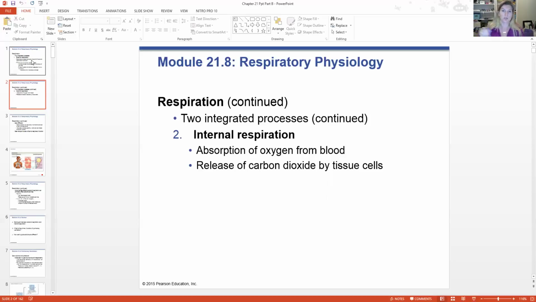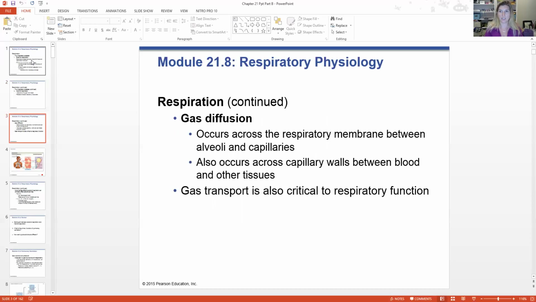Internal respiration is where that oxygen is then absorbed from that blood into the tissues, and the tissues exchange carbon dioxide, putting carbon dioxide back into the blood and allowing that to go back to the lungs, where external respiration can occur, and so on and so forth. It keeps on going.